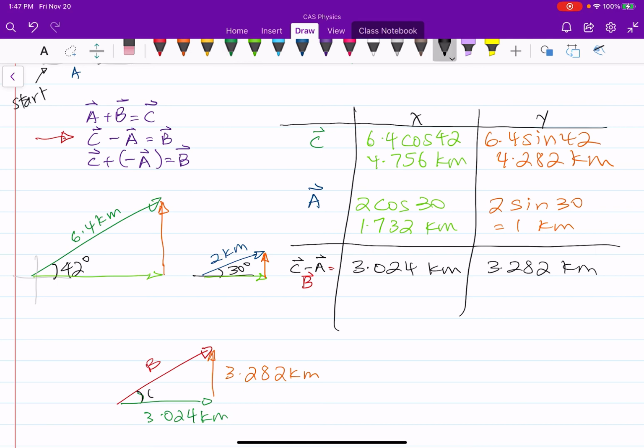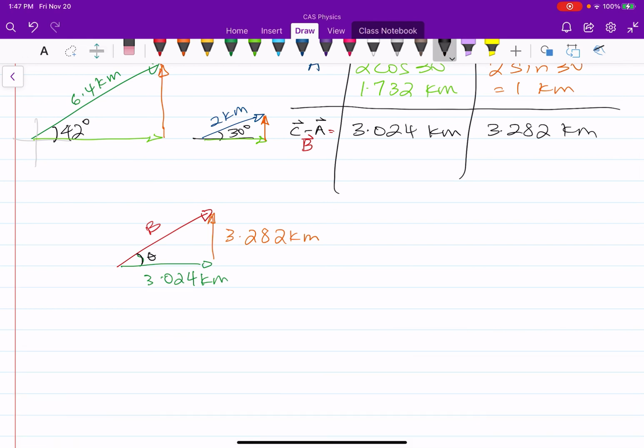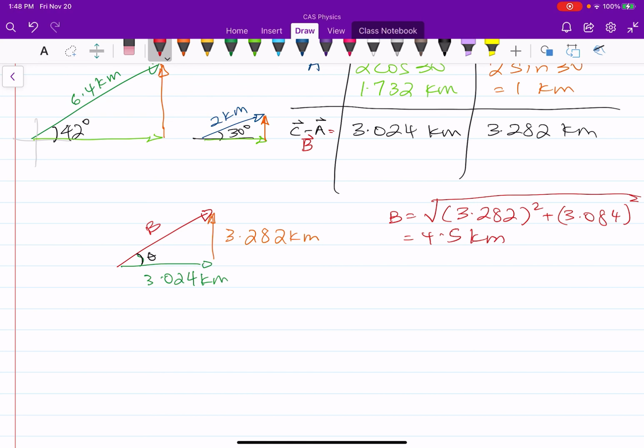So now the same method we used before, we're going to use Pythagoras, and we're going to use tan inverse. So the magnitude of B equals the square root of 3.282 squared plus 3.024 squared, and the square root of that is 4.5 kilometers.